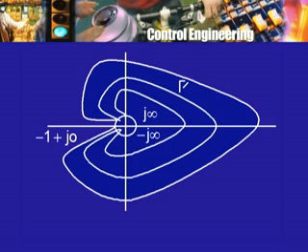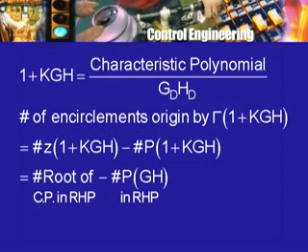Because according to that, the number of encirclements is equal to the number of zeros of 1 plus kgh minus the number of poles of 1 plus kgh.